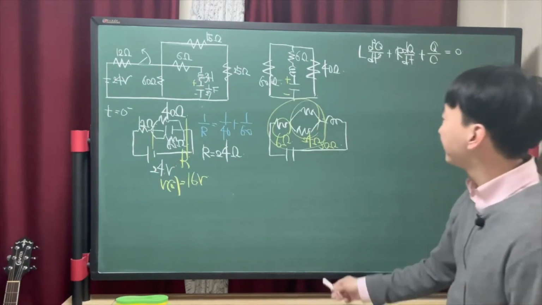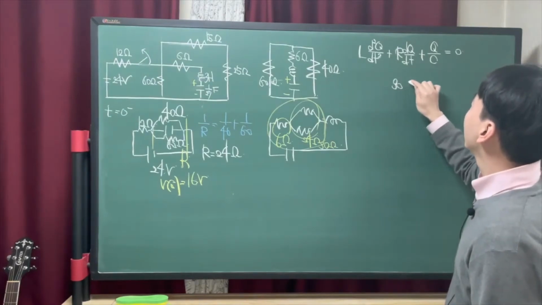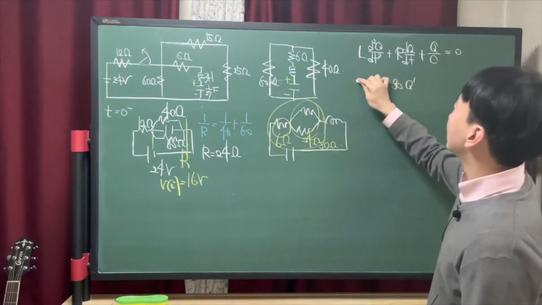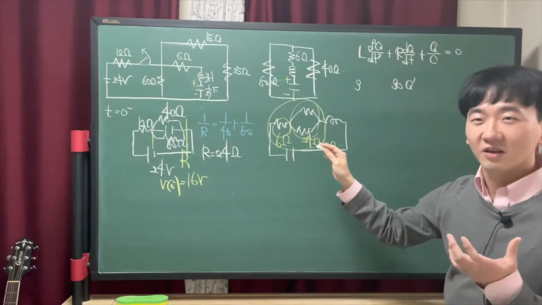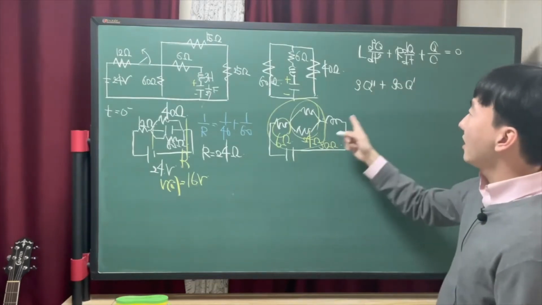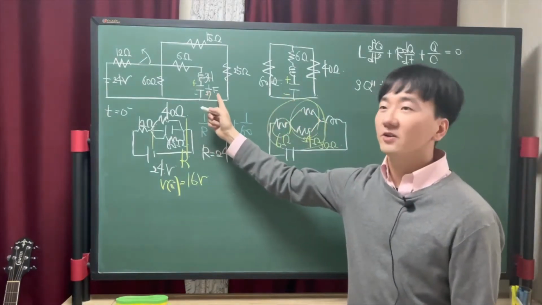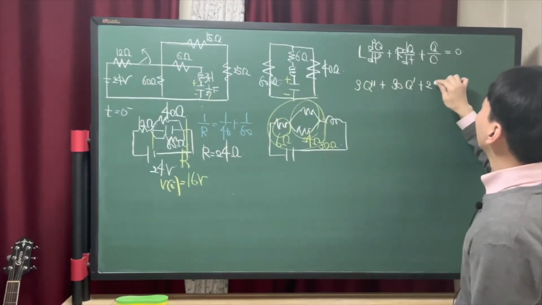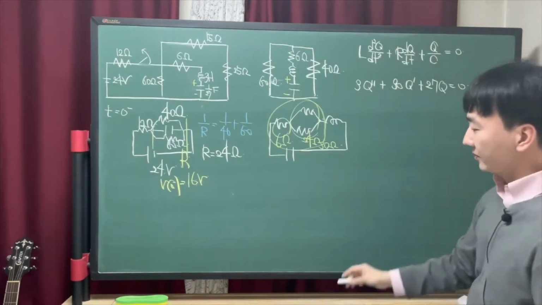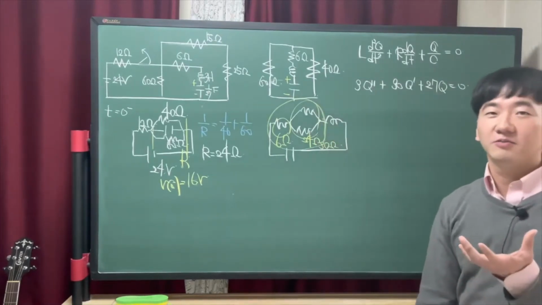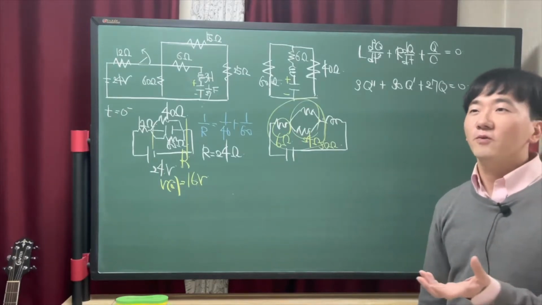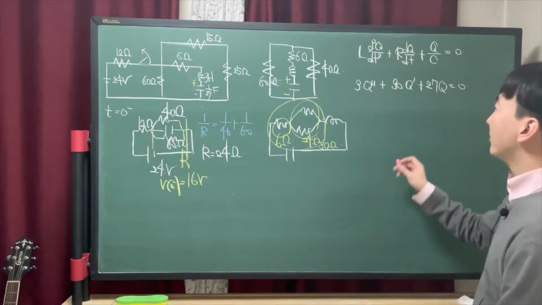We know that the resistance is 30, and the inductance is 3 henry, so I will omit the SI units: Q double prime plus 10 Q prime plus, with 1/27 farad written as its reciprocal, 27, Q equals 0.